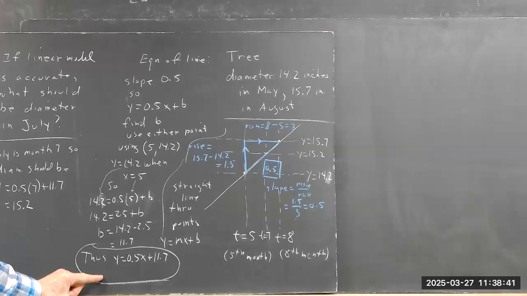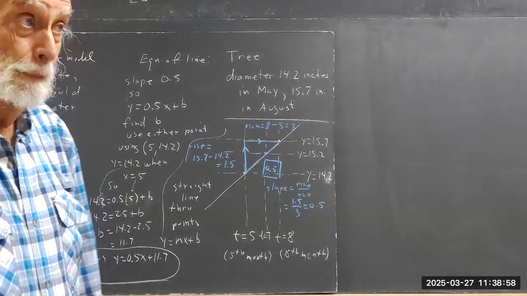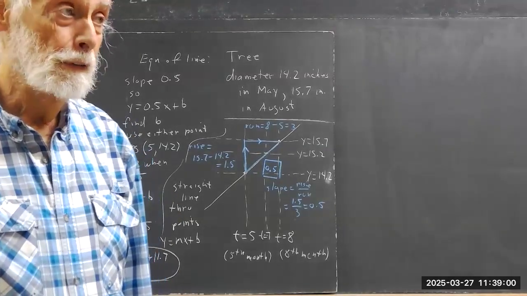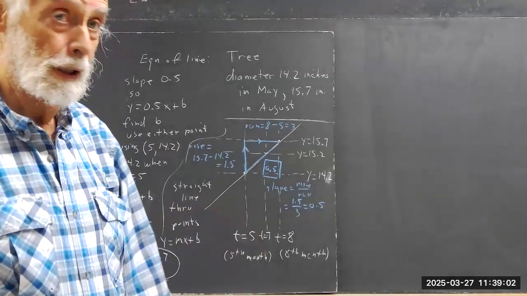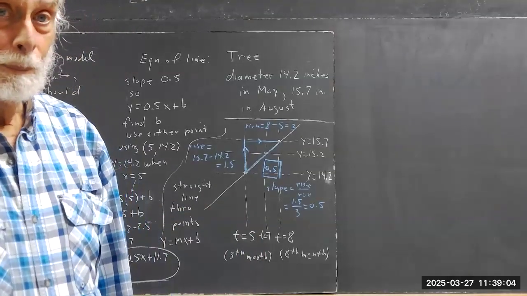Tell me what the diameter is going to be in 2035. Or tell me what the diameter was yesterday. I could ask you that. Oh, makes sense. So if you do those two things, it's a pretty good start. Because you're certainly going to have an applied problem. You're certainly going to have a problem about a graph.